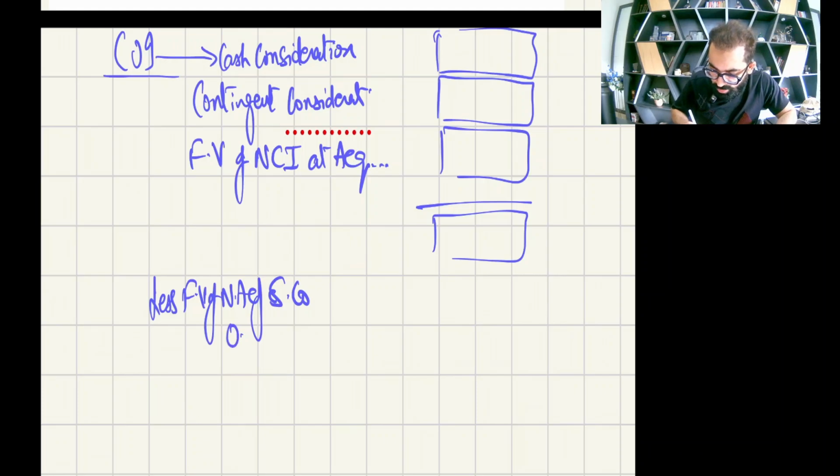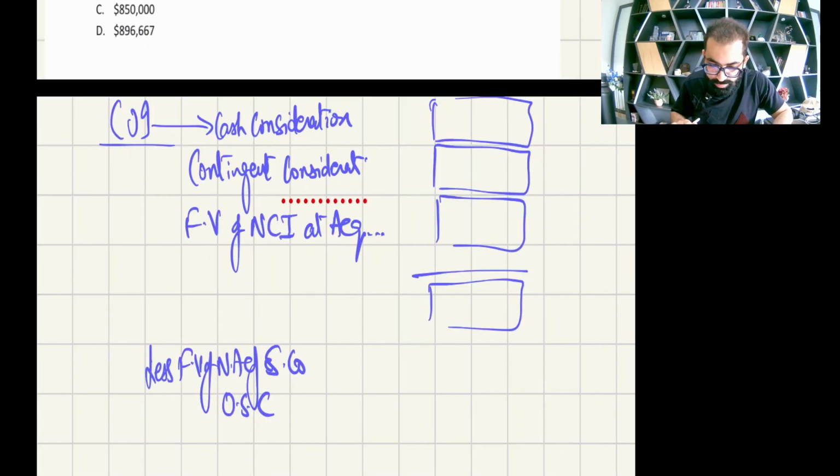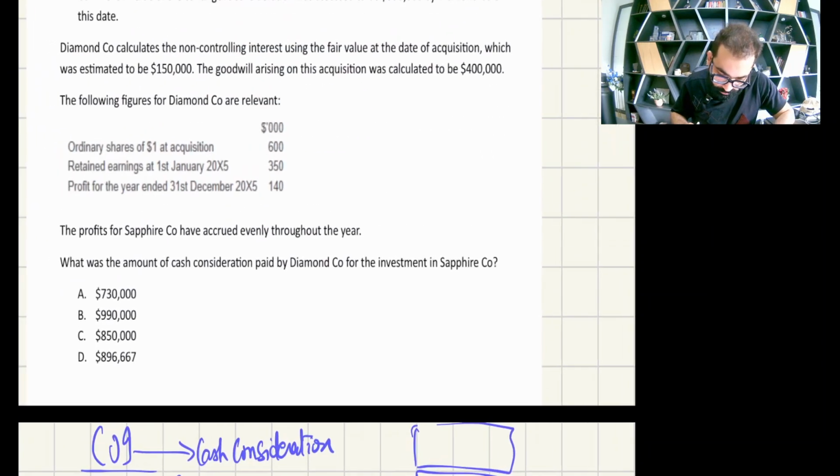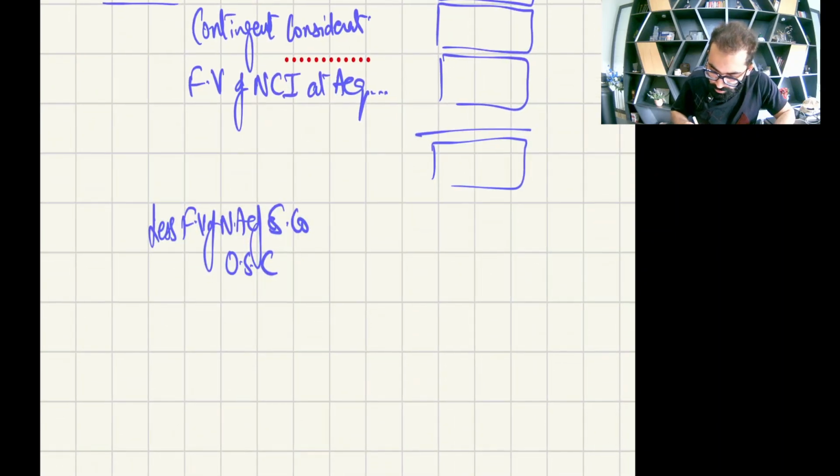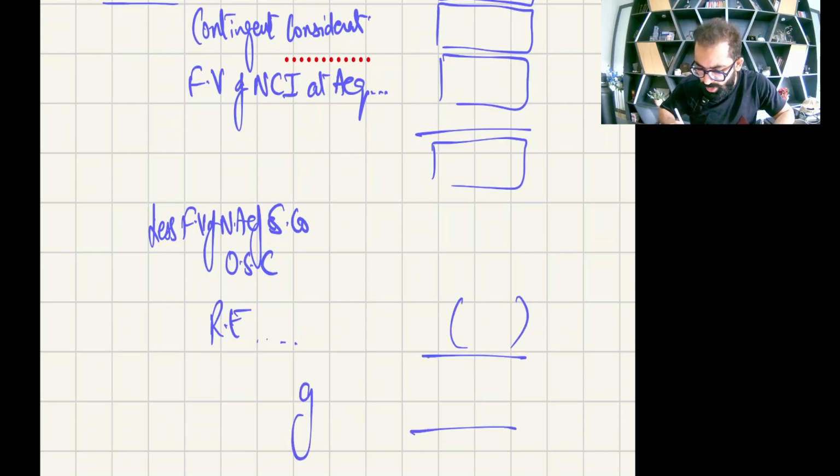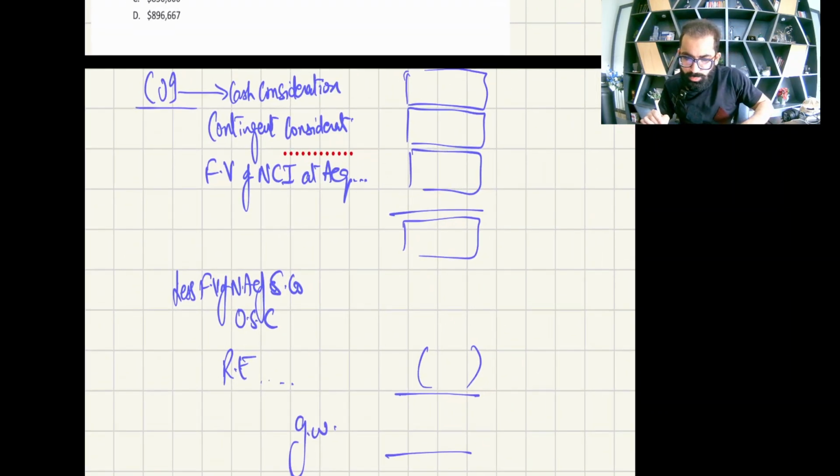From this, normally you have ordinary share capital and retained earnings, sometimes share premium as well. You will deduct the total, you will get goodwill. Now how will you do this question?